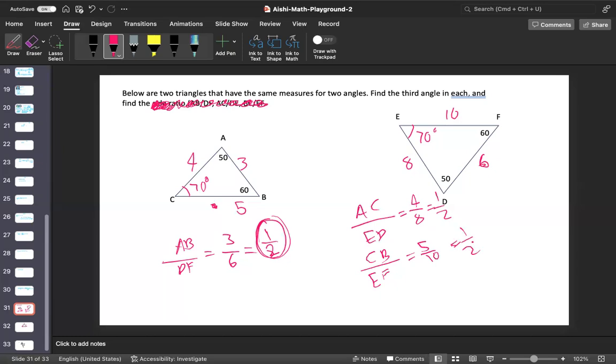And side ratios only work if you take the corresponding sides. So if we flip this over to make the angles position the same, then AC would be at DE, and AB would be at DF, and BC would be at EF.